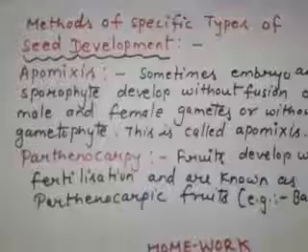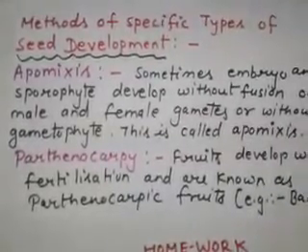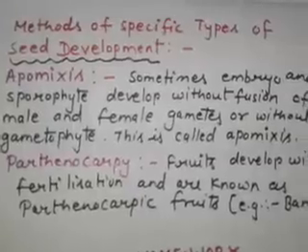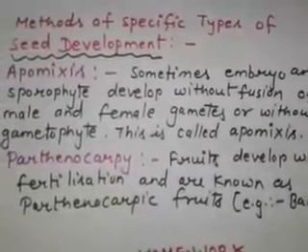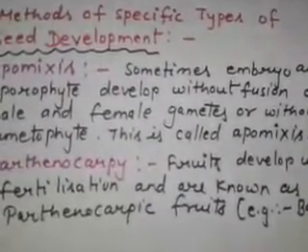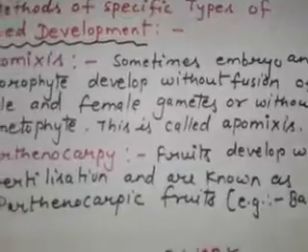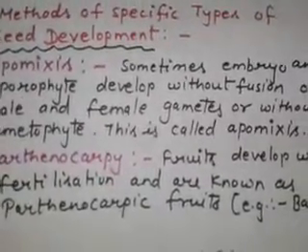Now our next topic is methods of specific types of seed development. First is apomixis. Sometimes embryo and sporophyte develop without fusion of male and female gametes. This is called apomixis.